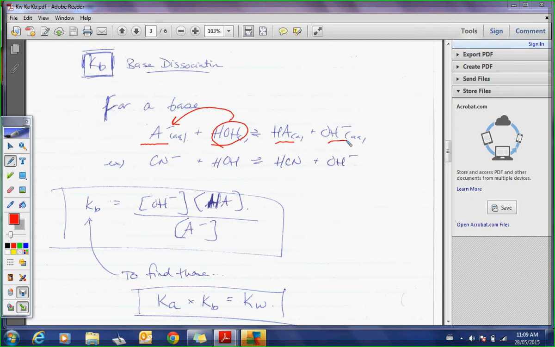Okay. For example, CN minus was one we saw yesterday. So the Kb for CN minus would be the CN minus and water, giving you HCN and OH minus. And therefore the general expression for Kb is that. Everybody okay with that?